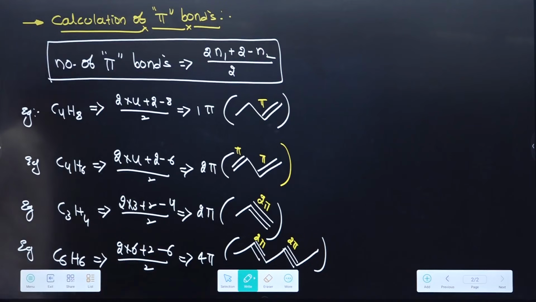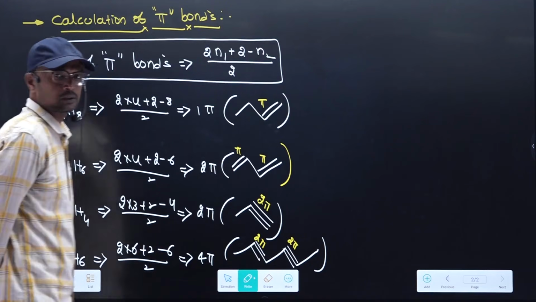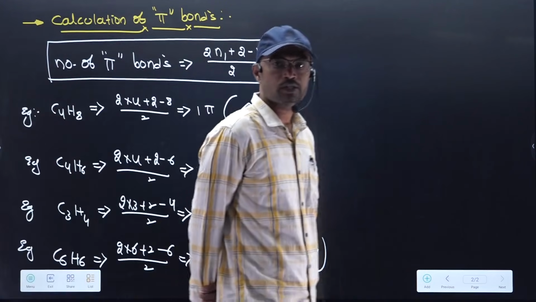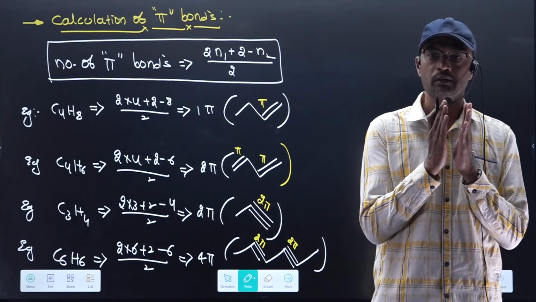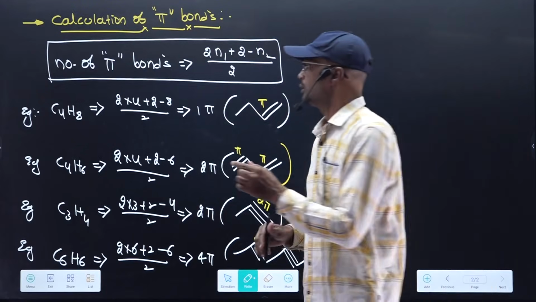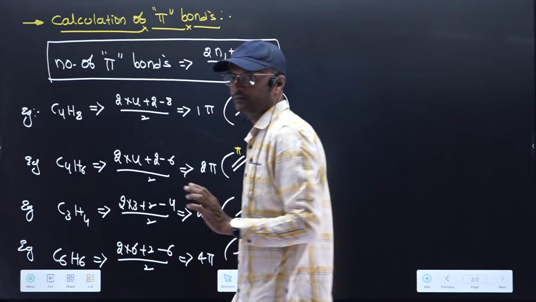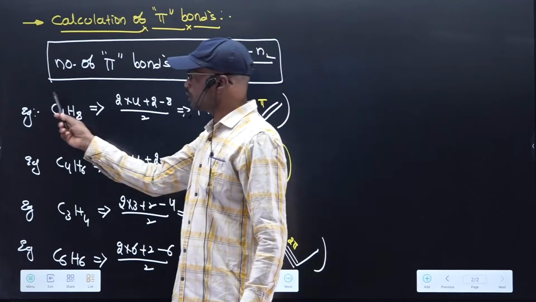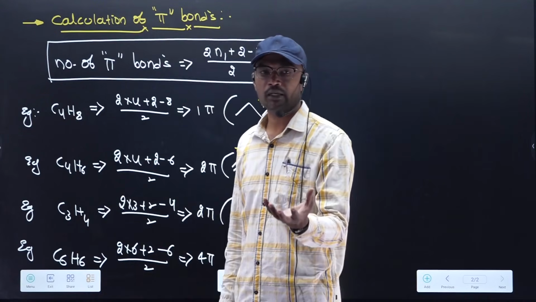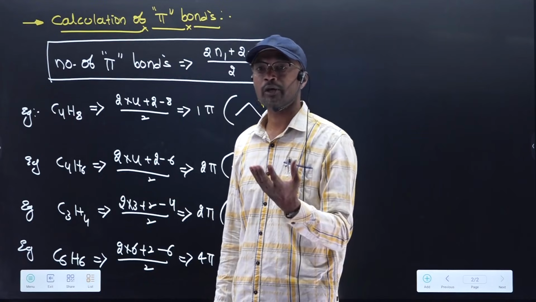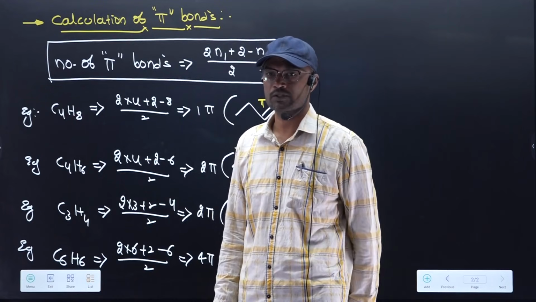So this formula can help in two particular places. One is degree of unsaturation. One more is how many maximum pi bonds you can create for a molecule if you know the molecular formula. If they give one molecular formula, in your interviews they will ask, with this molecular formula, how many maximum pi bonds can I create?